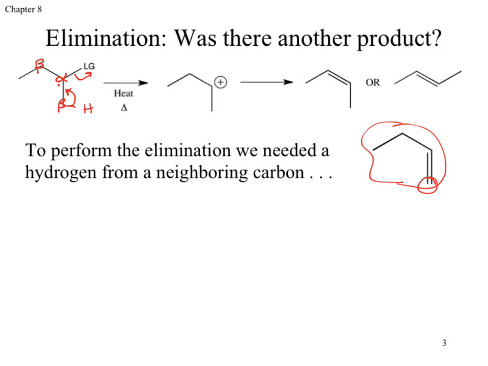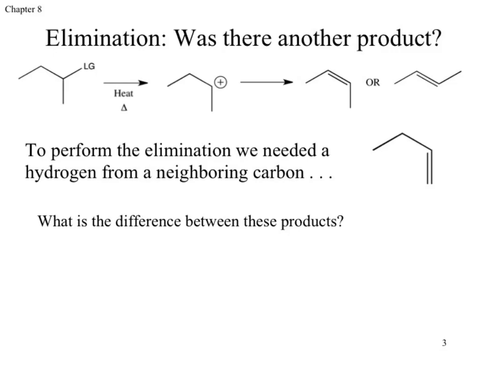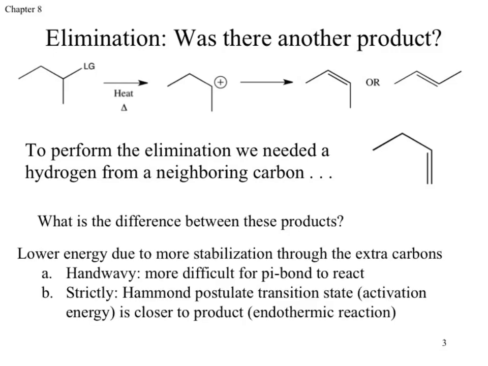This is where we can go into what I would recommend as even more hand-waving for an argument, looking at the difference of these products. The analogy that I like to go through is looking at the energy of stabilization through the extra carbons. If we look at that pi bond, that is the most reactive thing in each of these structures. So what we would do is evaluate its dynamics.